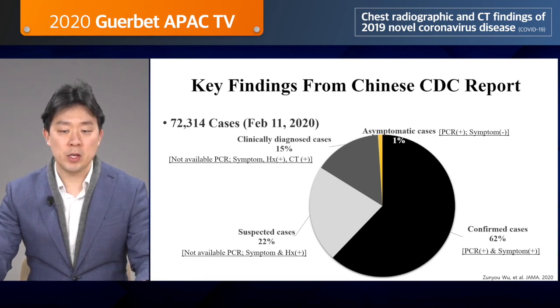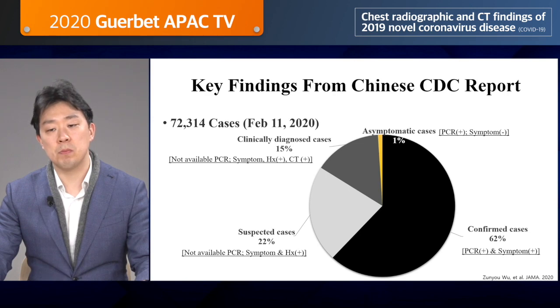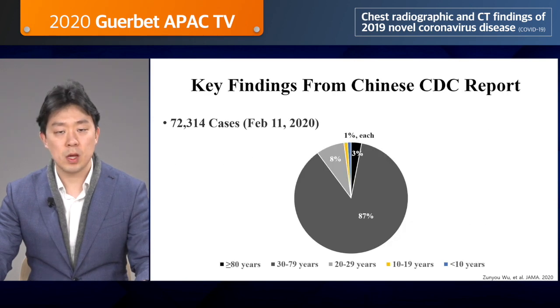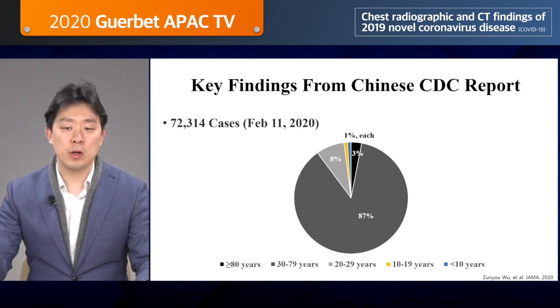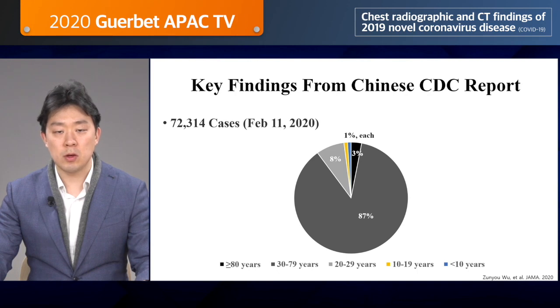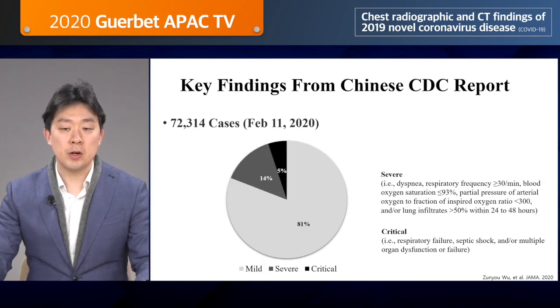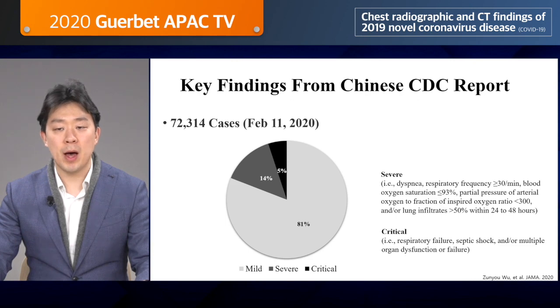1% of these patients did not have symptoms, but PCR assay was positive. The largest age group was between 30 and 79 years of age. The next was 20s and then 80s. With regard to disease severity, 81% was mild, 14% was severe, and 5% was the critical group of patients.